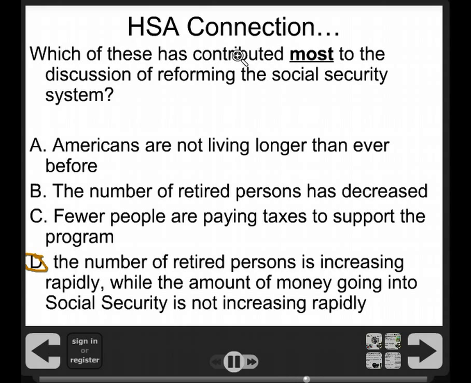So you have all these old people who are going to need their money, and there are not enough young people working to provide this money for them. This isn't a problem that's going to happen anytime soon, but in the next 20, 30, 40 years, it will be a problem, especially when you, a 15, 16, 17, 18-year-old person, are thinking about retiring.